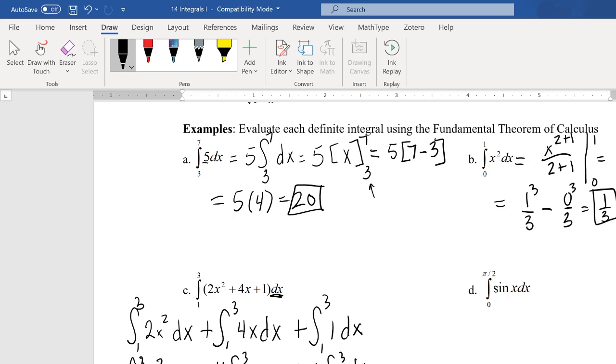All right. So the integral of x squared is x cubed over 3. We add 1 to the power and divide by that number. Actually, I'll go ahead and do each one separately and put them all back together.